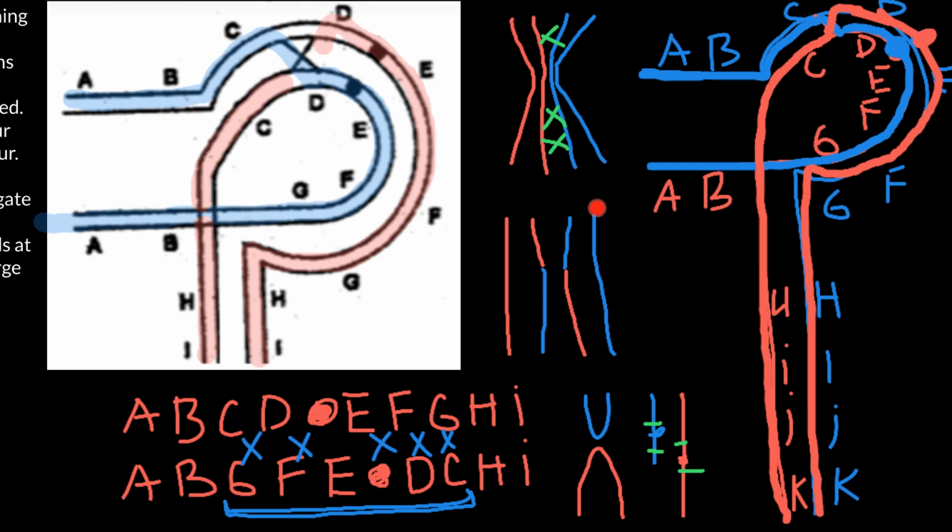So this chromosome is normal, this chromosome is normal, but here a gamete would get chromosome number 1 with only 2 short arms, and another gamete would get chromosome number 1 with 2 long arms.